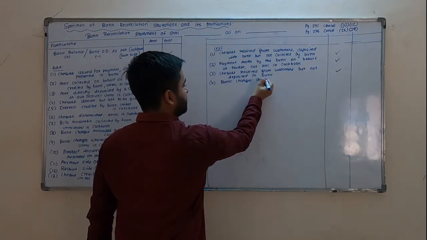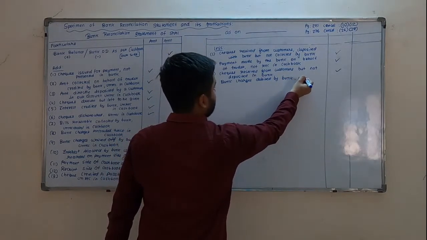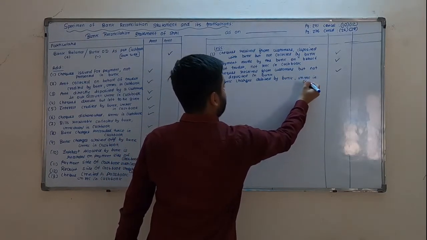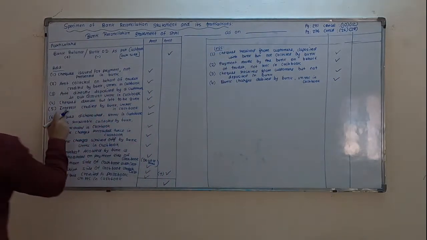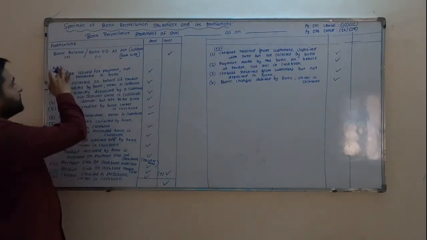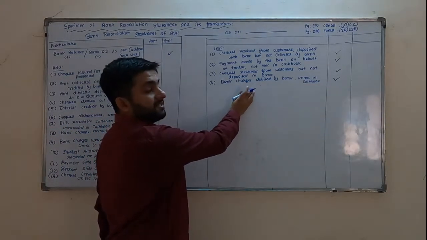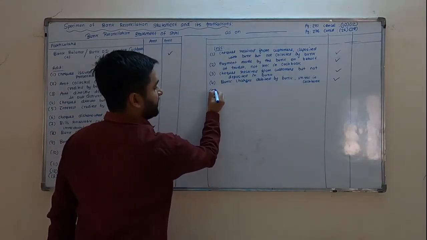Bank charges debited by bank, unrecorded in cash book. So this is totally opposite. Here bank is crediting means bank is adding, we are not adding, so we add. Here bank is debiting means bank is subtracting, we are not subtracting, so we will also have to subtract.